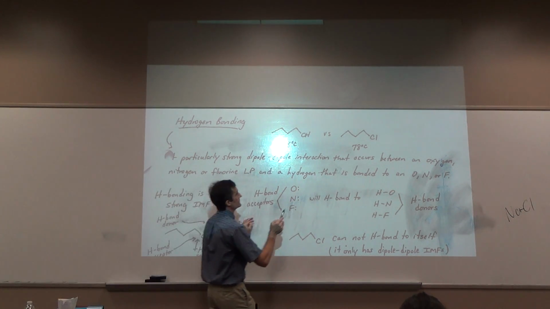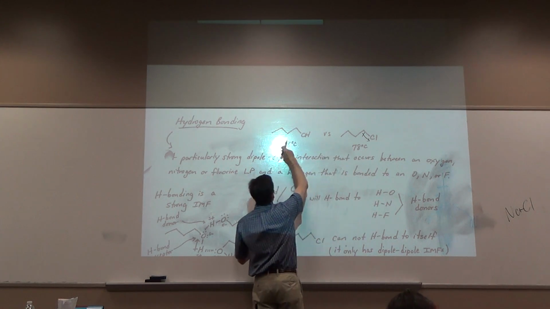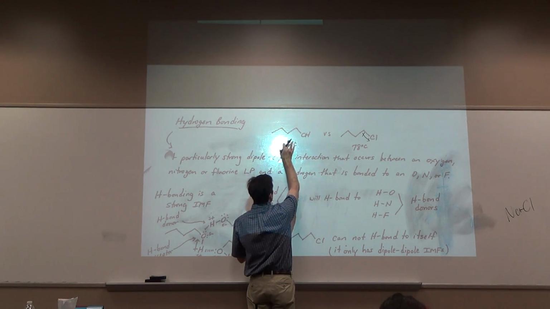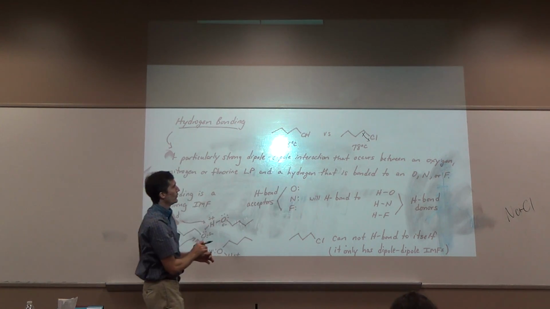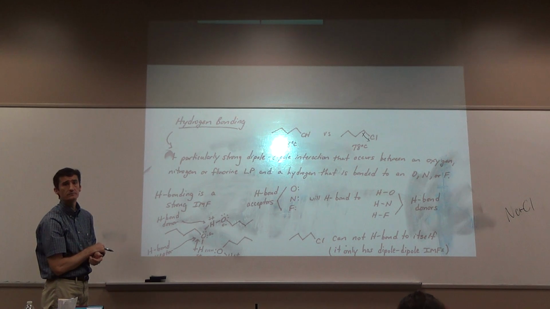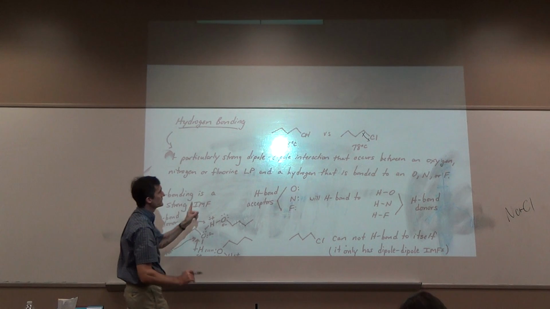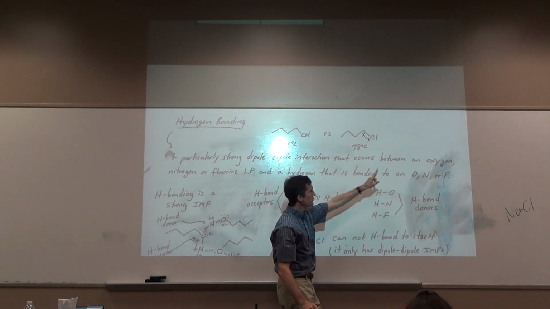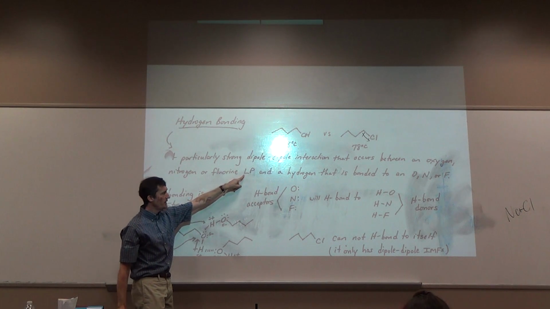Compare these two compounds. Here we do have a dipole, 78. This guy is higher, and we would predict higher, 118. Why? Well, hydrogen bonding. What is hydrogen bonding? It's a particularly strong interaction that occurs between oxygen, nitrogen, or fluorine lone pair.